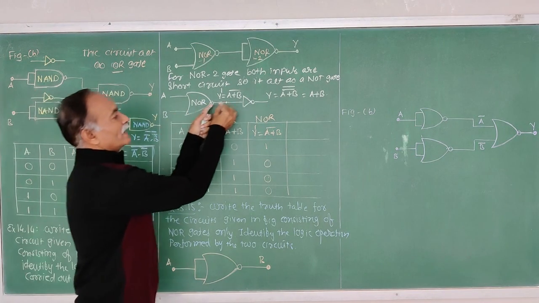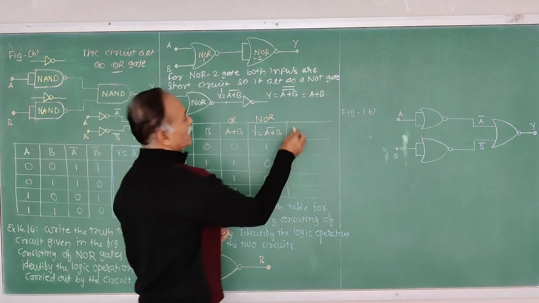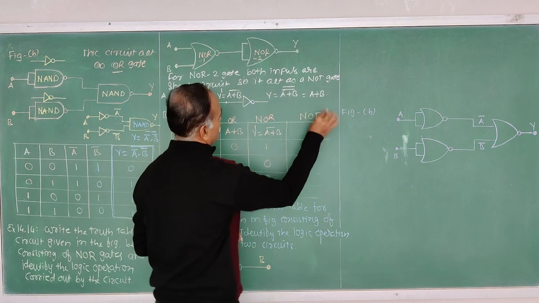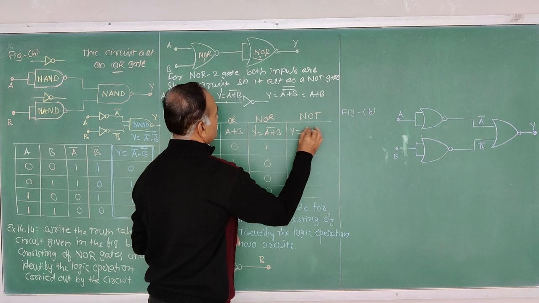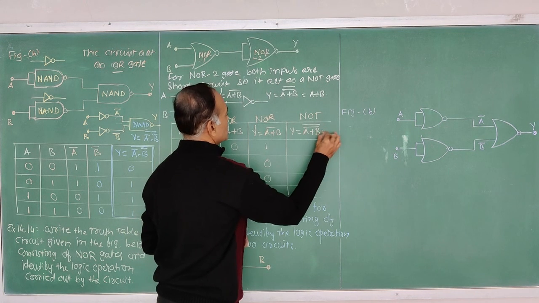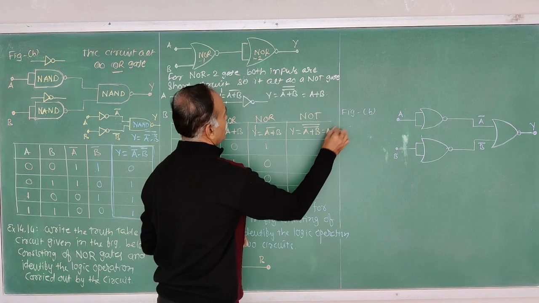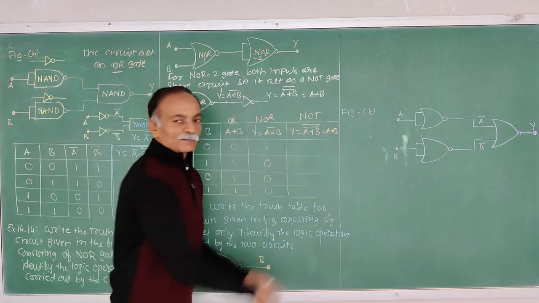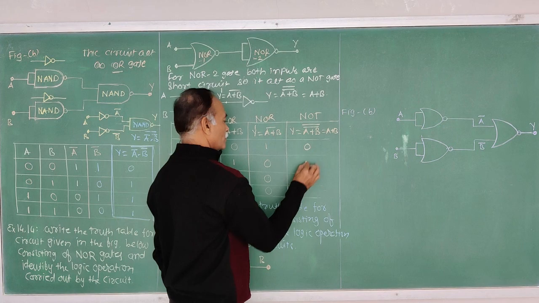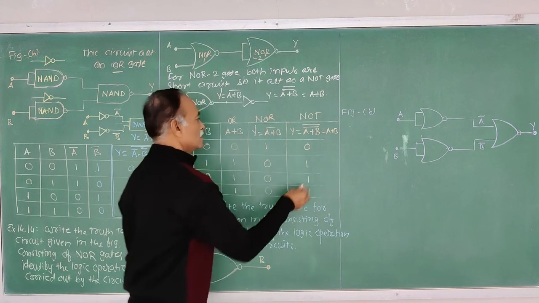This output of the NOR gate is given to the input of another NOR gate. For this NOR gate, the final y is equal to A plus B whole bar, bar, that is A plus B only. So the inverted output of this NOR gate is again 0, 1, 1, 1.